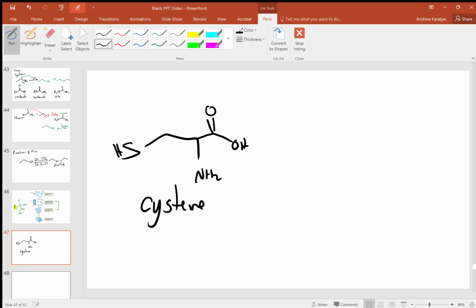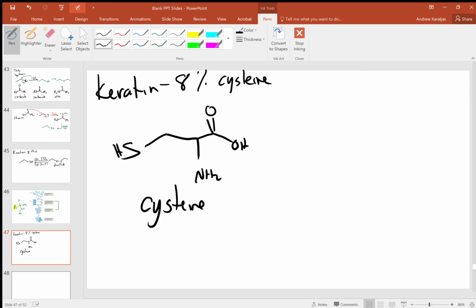So most proteins have a little less than 3% cysteine. But one specific protein, keratin, has almost 3 times that. It's made up of 8% cysteine. And keratin, of course, makes up a lot of our hair.